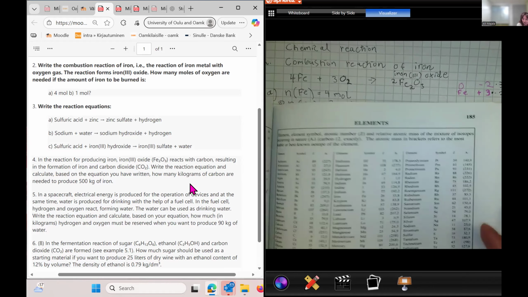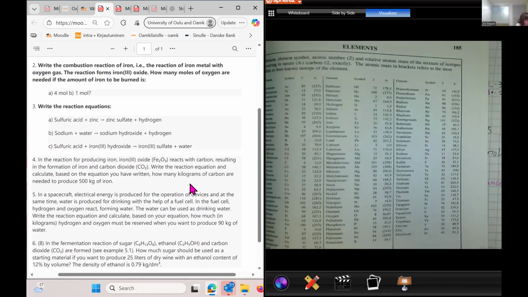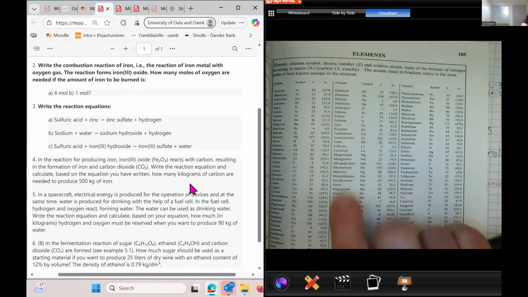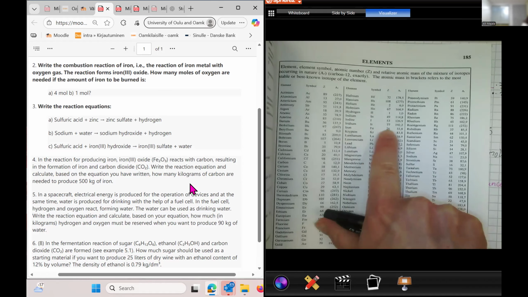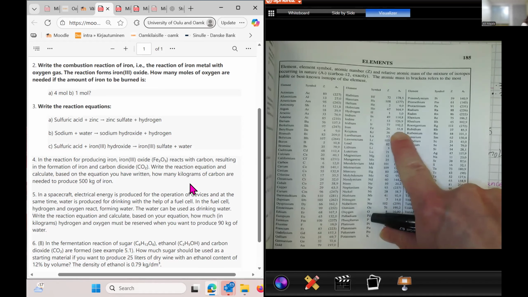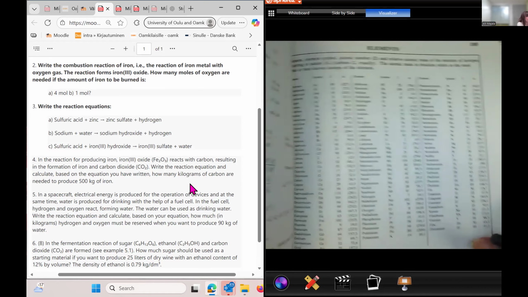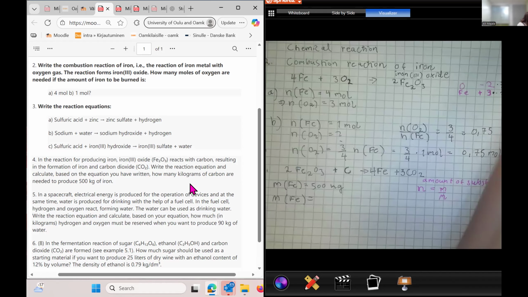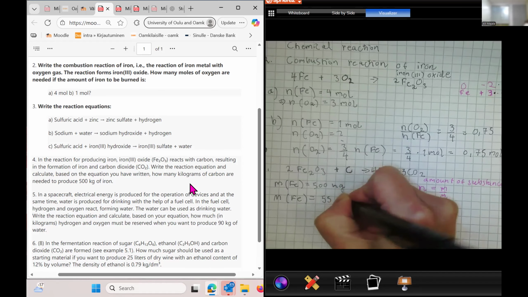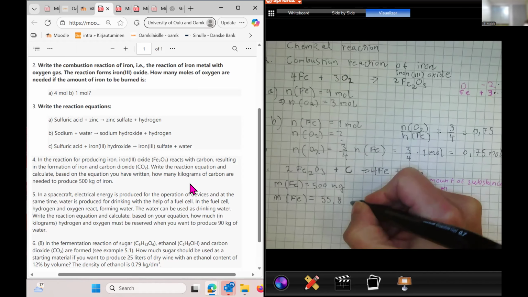Here, elements, page 185, and there is iron, and this is the molar mass, 55.8. So I write it there, and this is grams per mole.